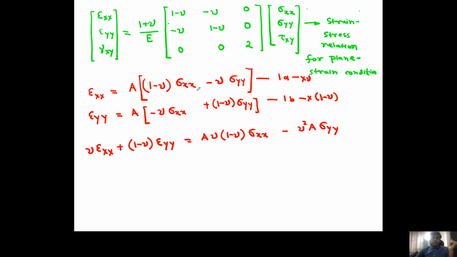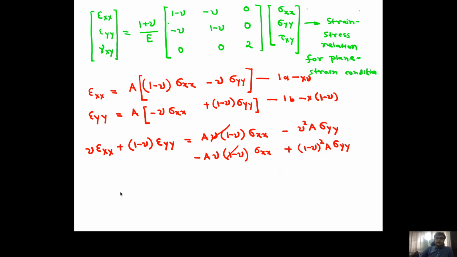So that becomes the first term, and we are adding it. So then minus a nu 1 minus nu sigma xx plus 1 minus nu whole square a sigma yy. And these two will cancel out.